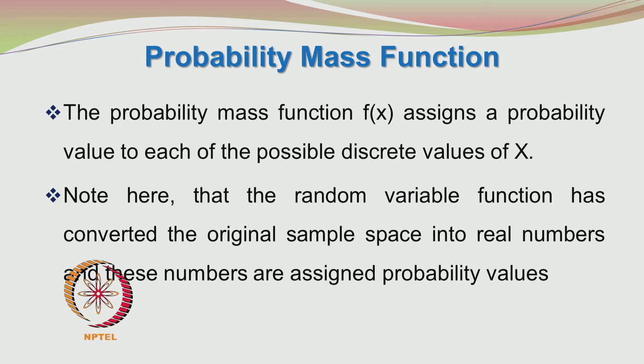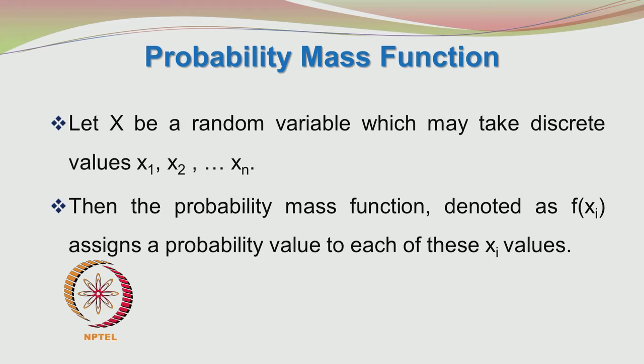If you recollect, the random variable function has converted the original sample space into real numbers, and these numbers are assigned probability values. This we covered in one of the previous lectures. So the random variable may take discrete values x1, x2, so on to xn. We now define a probability mass function and denote it as f of xi. And the role of the probability mass function is to assign a probability value to each of the possible values xi.